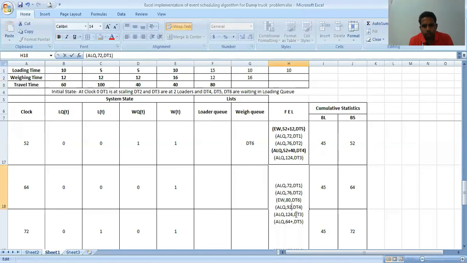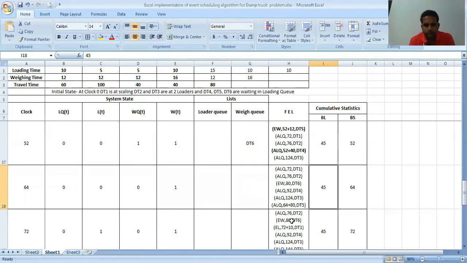Therefore, 64 plus 80 will be the DT5's traveling time. After the 80th minute, it's going to arrive into the loading queue. So up to 45 minutes, both the loaders were busy. After that, they are free. And the scaling machine is busy up to 64 minutes. So that's the reason it is 64.